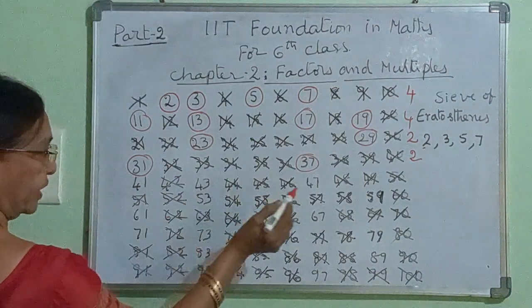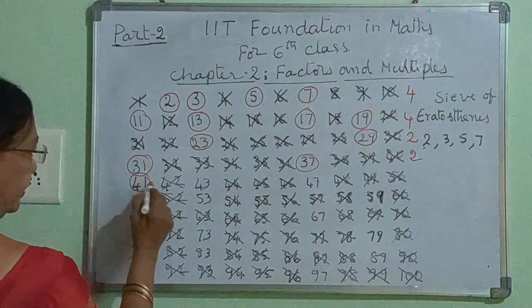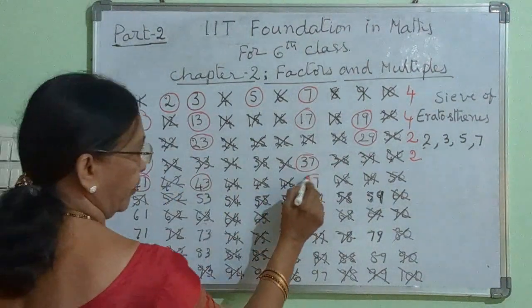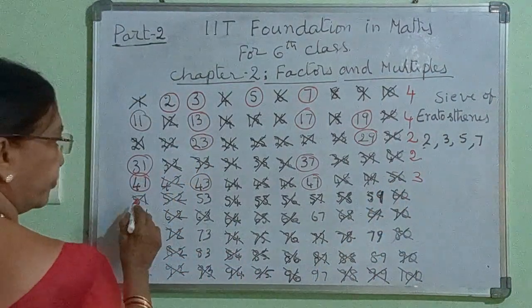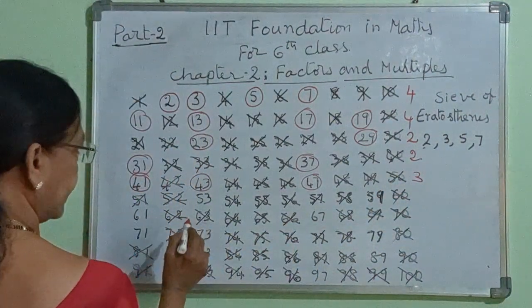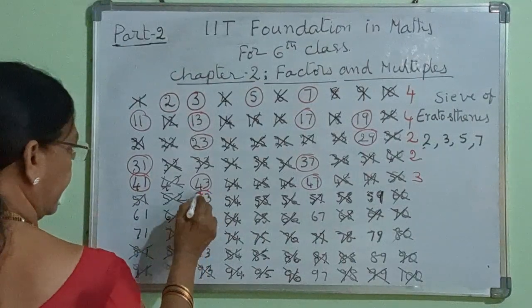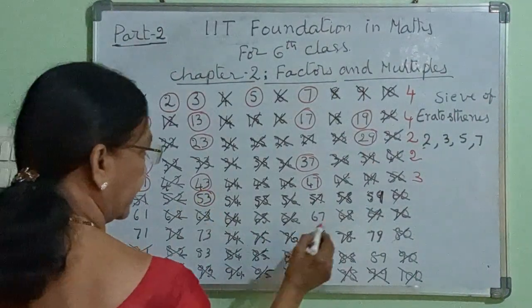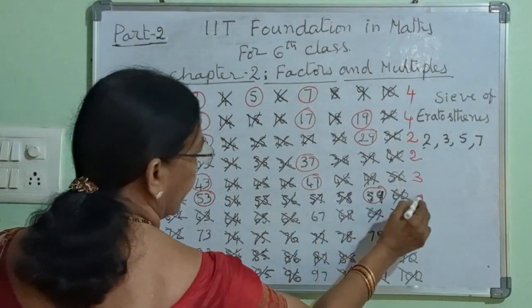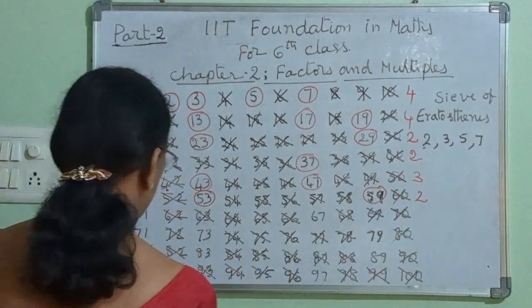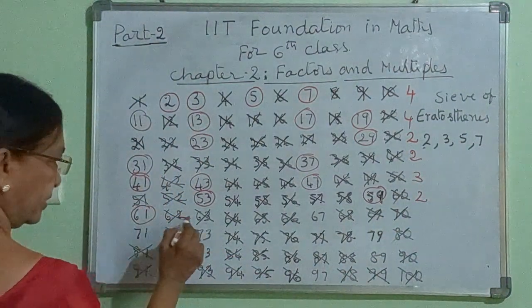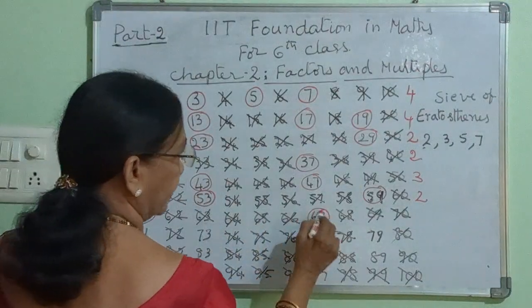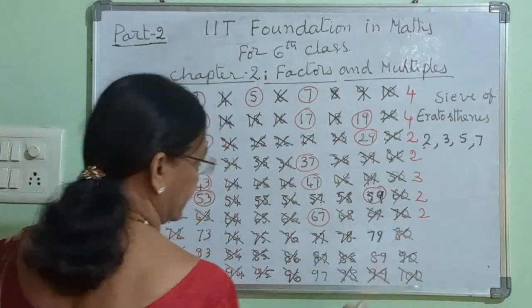And between 40 and 50, 41, 43, 47. There are 3 prime numbers. And between 50 and 60, 53 and 59. There are 2 prime numbers. And between 60 and 70, 61 and 67. Again 2 prime numbers.